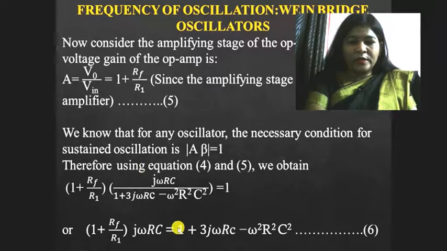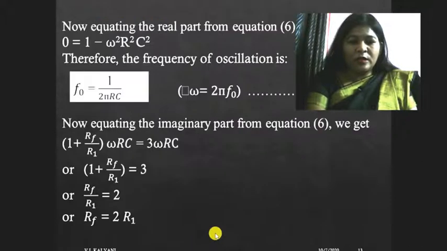So the equation becomes 1 plus RF upon R1 into omega RC equal to 3 omega RC. Solving this equation, we obtain RF equal to 2R1.